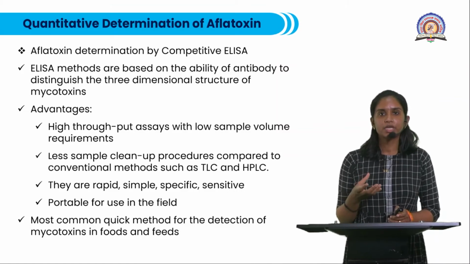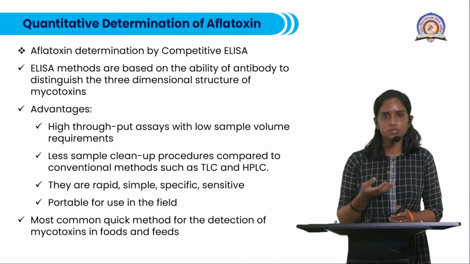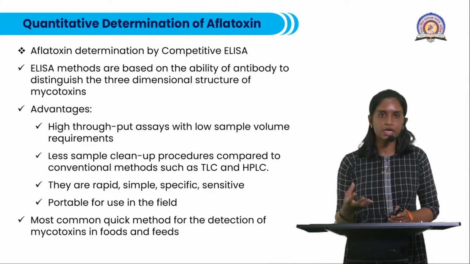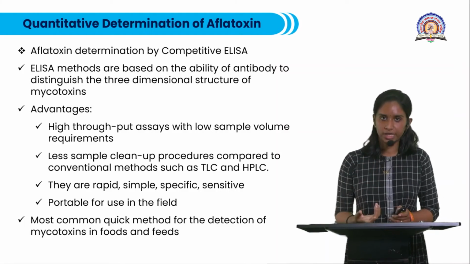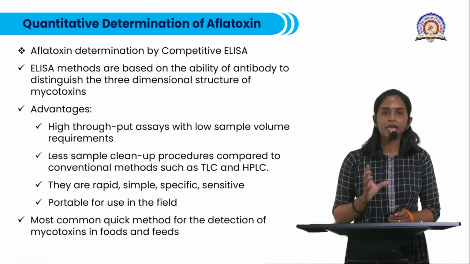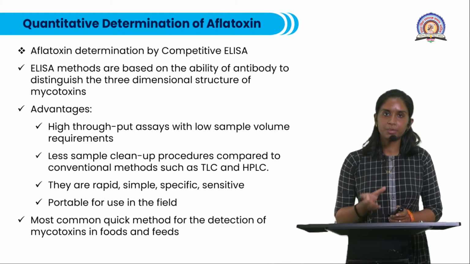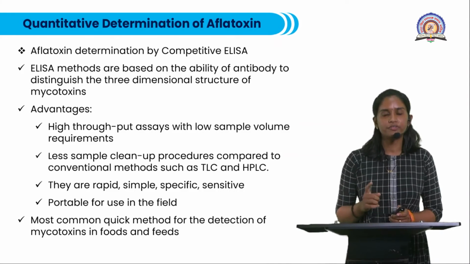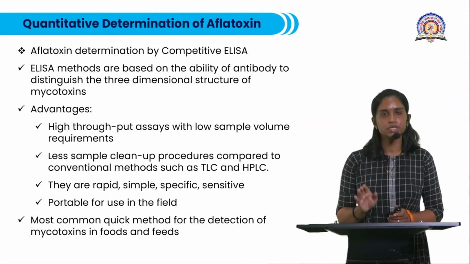But this antibody can be detected against variety of biomolecules like proteins, toxins, and other metabolites also can be detected specifically if you are having monoclonal antibodies for that. So here now we are addressing antigen as a mycotoxin, and wherever you will see that mycotoxin is mentioned, it will refer to the aflatoxin only, because our practical is aflatoxin determination.